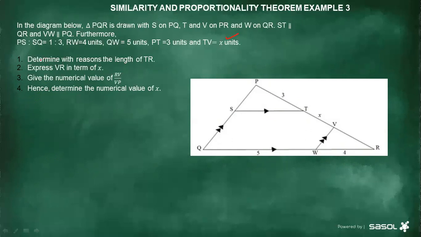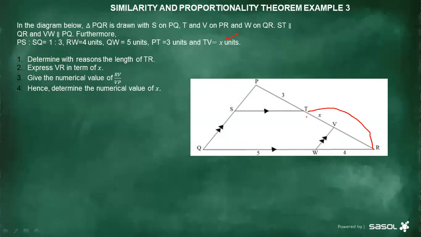The first question says determine, with reasons, the length of TR. Where is TR? This is TR. I repeat myself: you always start with the side that we are looking for, divided by the side where we are given the actual distance.